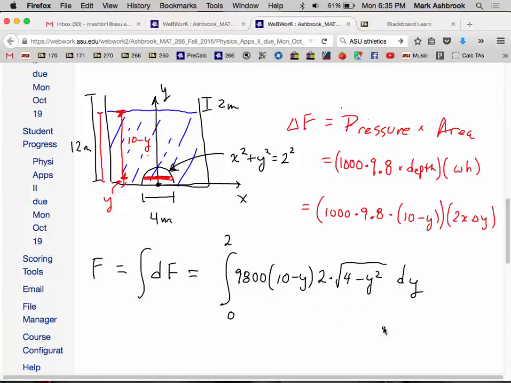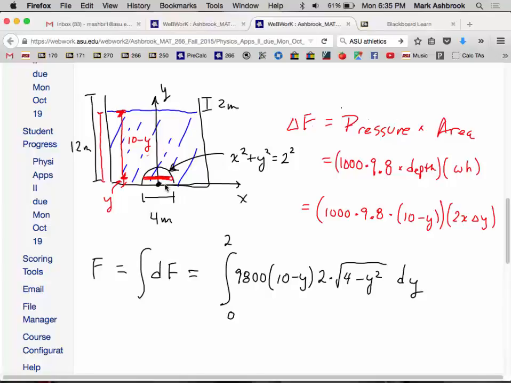Yes, sir? So I was looking online at this one to set another example. And they had the same integral, except they went from 4 to 12. And then they must have put the origin up here and then gone down like this from 4 to 12. Is it possible to remove that gate, like they're bringing it out of the water? To me, it seems like that's what they're doing.